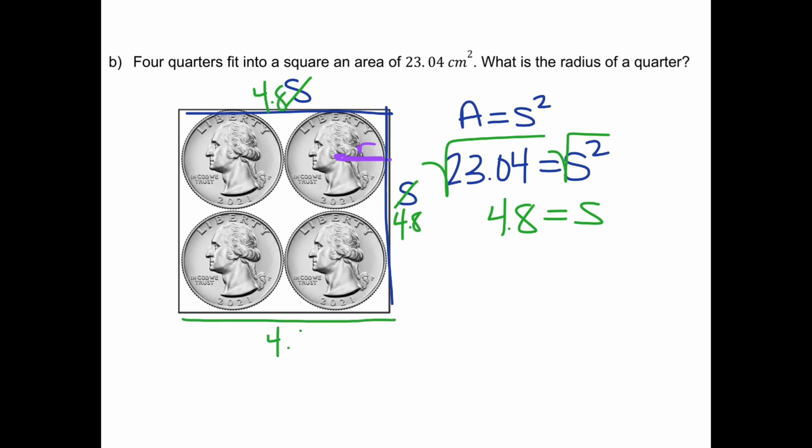So this 4.8 is split really between 4 radii. Okay, so if I only want the measure of one of those radii, all I have to do is divide the 4.8 by 4 to get 1.2, go back to my label, centimeters for the radius of a quarter.